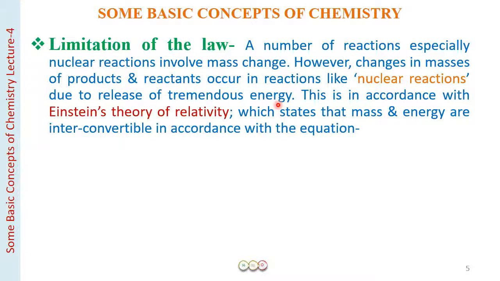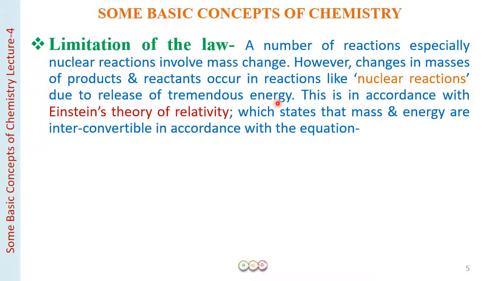We studied about nuclear reactions also. So in a nuclear reaction, some portion of the reactant mass is getting converted into energy. In a chemical reaction also, a portion of the mass gets converted into energy, but that change is not that appreciable, right?